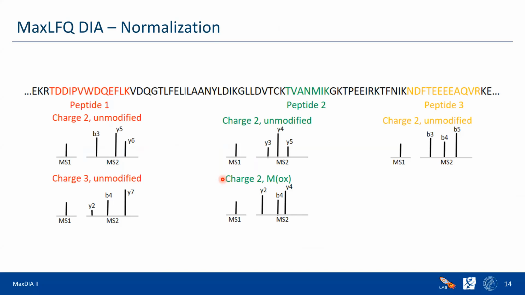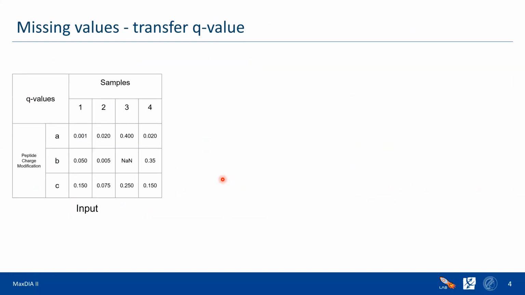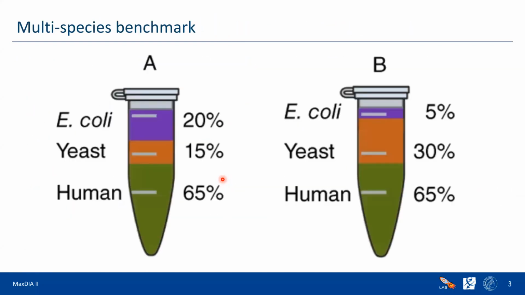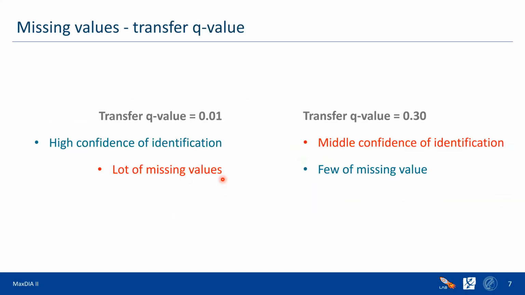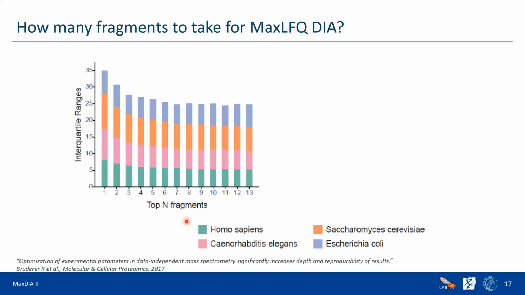For this purpose, we utilized some experiments which are, again, a multi-species benchmark. But in this multi-species benchmark, the differences are not like 25%. The differences are really, really small, like 10%, 20%, 30%, etc. And this was not just 3 species, it was 4 species. And this data comes from this publication.